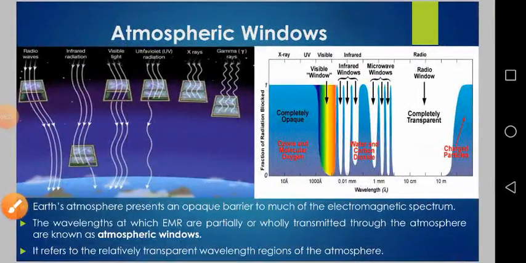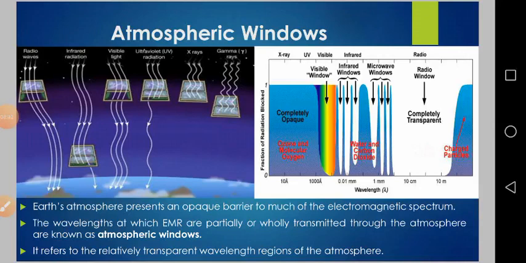Our atmosphere is capable of transmitting certain specific wavelengths of electromagnetic waves.